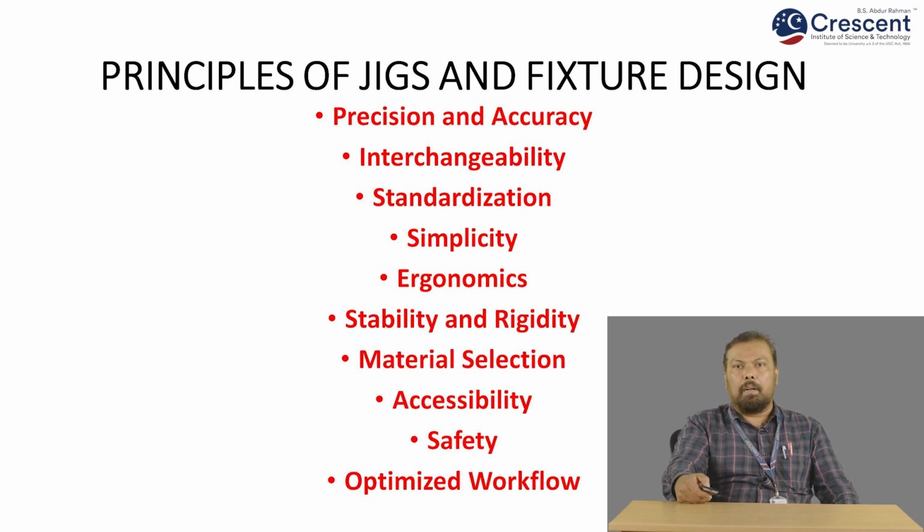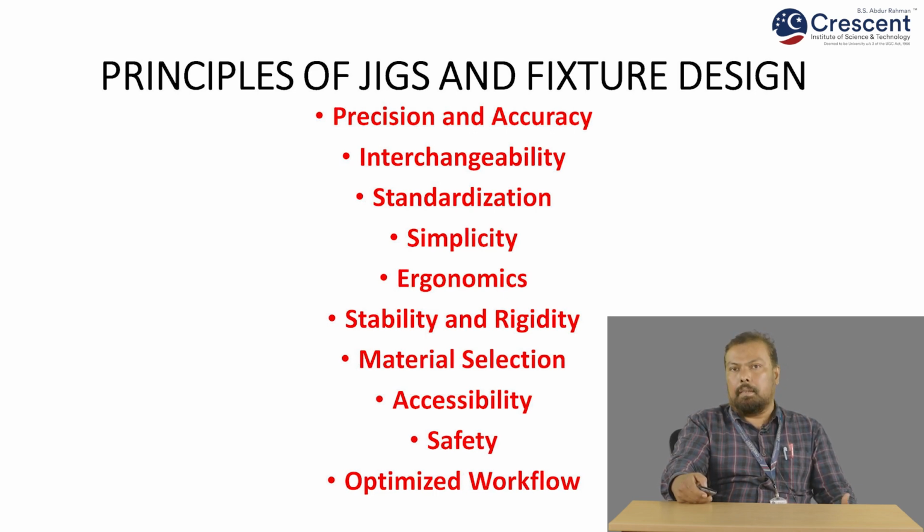And the second most important thing is the interchangeability, which we already saw in the previous slide. Whenever possible, design jigs and fixtures to be interchangeable so that they can be used with different workpieces or even for various processes. This reduces the need for custom designs and saves time and cost.